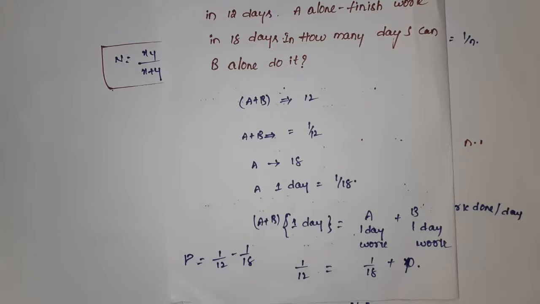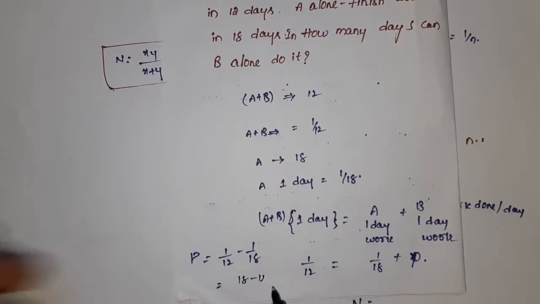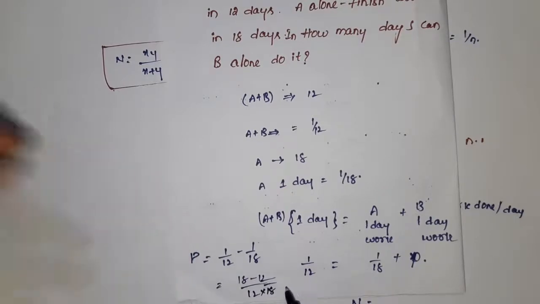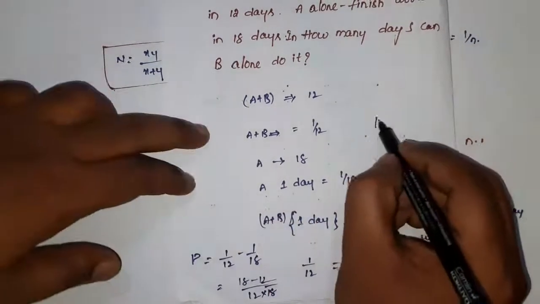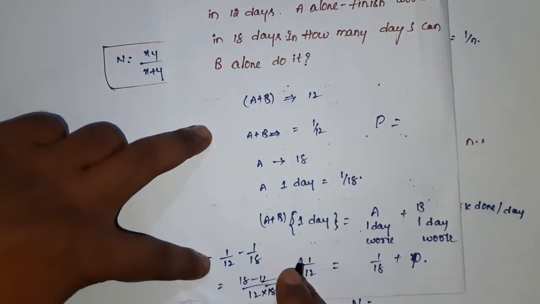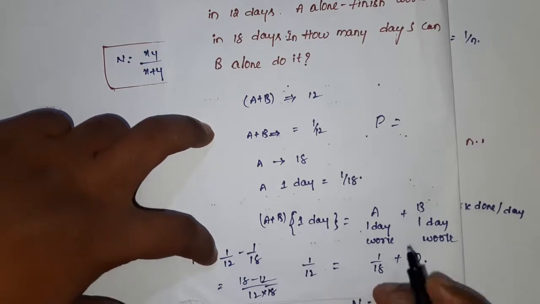I'll tell the final answer. When we calculate that, (18 minus 12) by (12 into 18), P will be 1 by 36.